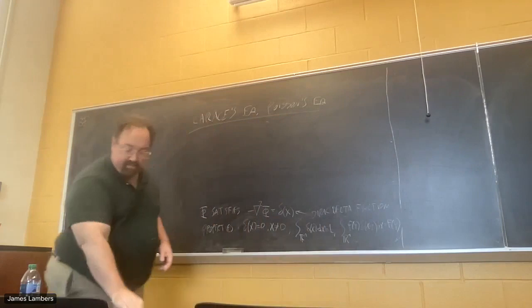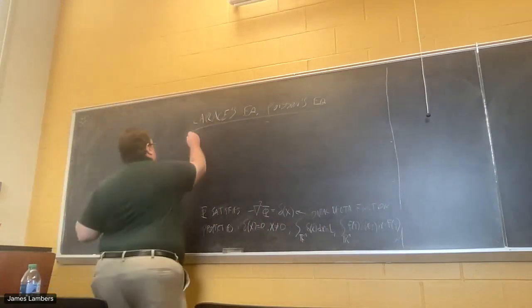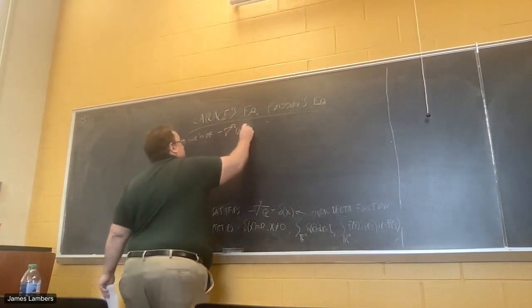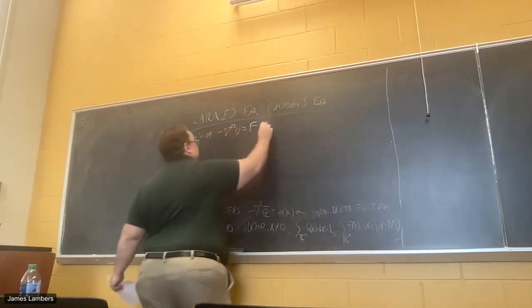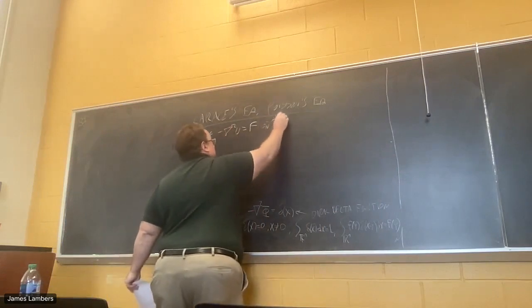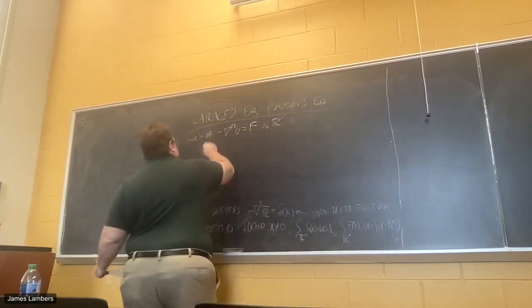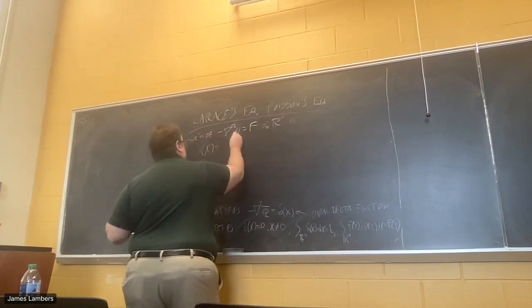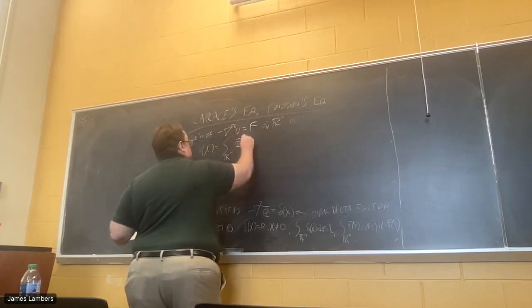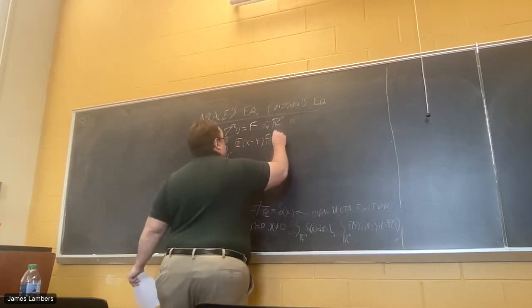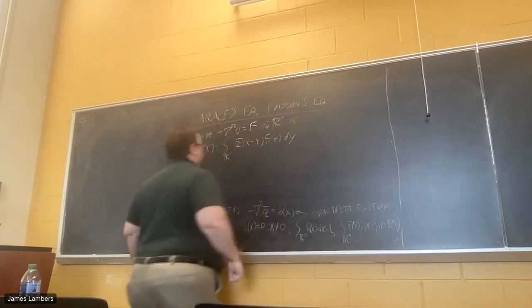Okay. So, the Laplacian of u is equal to f on Rn, so no boundary conditions. Then u of x is the integral over all of Rn of the fundamental solution of Laplace's equation evaluated at x minus y, f of y dy.